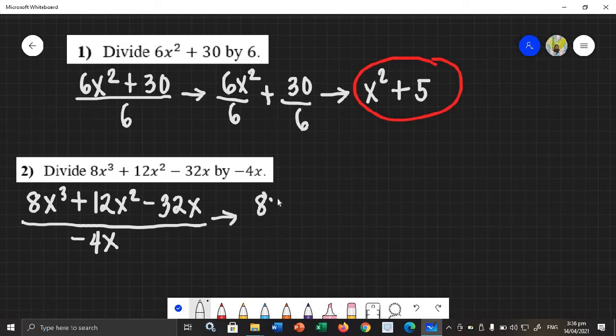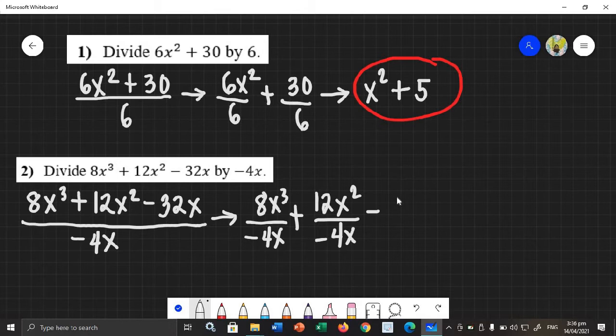So we have 8x cubed over negative 4x, then plus 12x squared all over negative 4x, then minus 32x all over negative 4x.